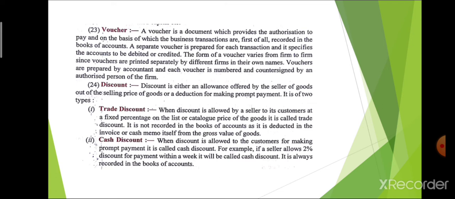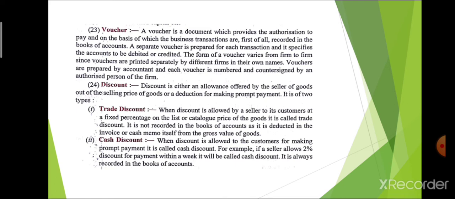The next term is discount. Discount is an allowance offered by the seller of goods out of the selling price of the goods, or a deduction. It means that if the seller provides some deduction on the price, that is considered as discount. Discount is mainly of two types. The first one is trade discount and the second one is cash discount.